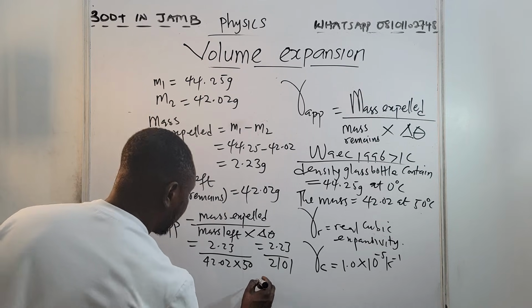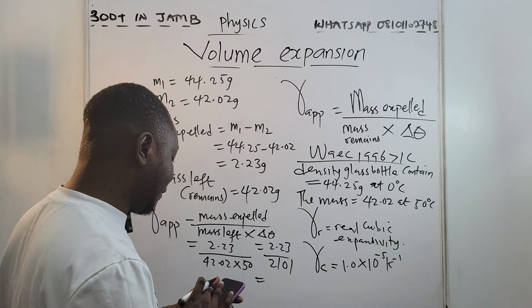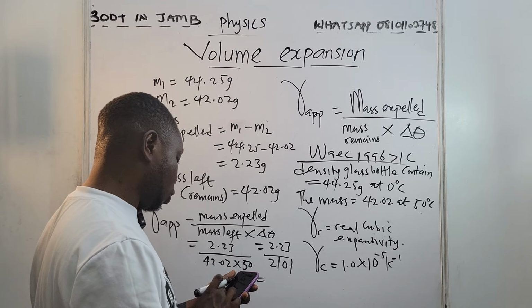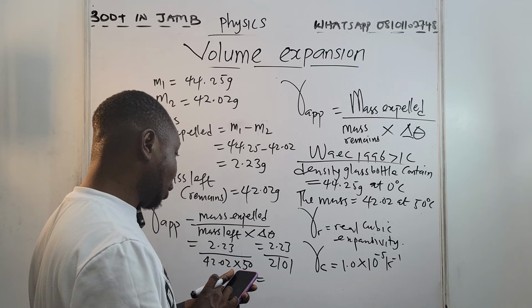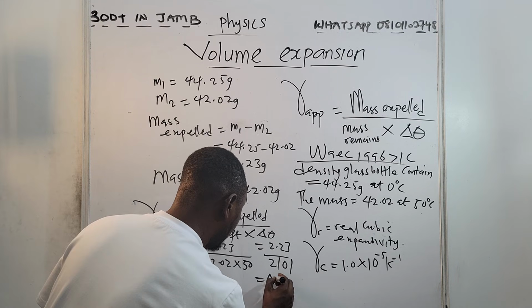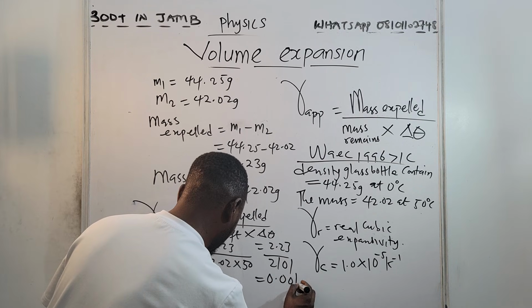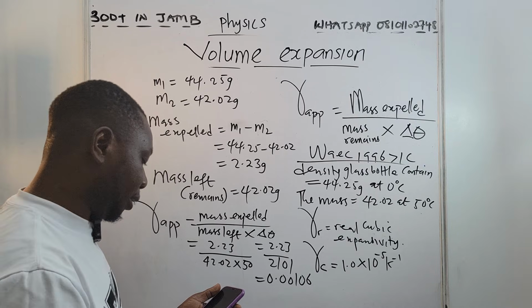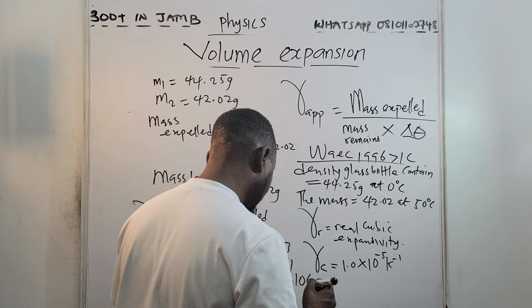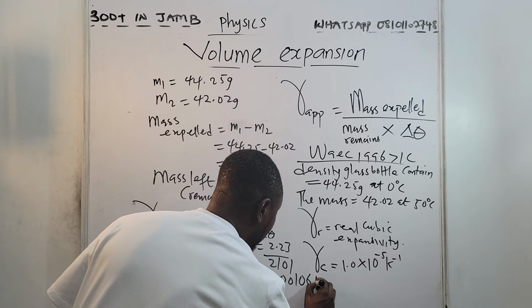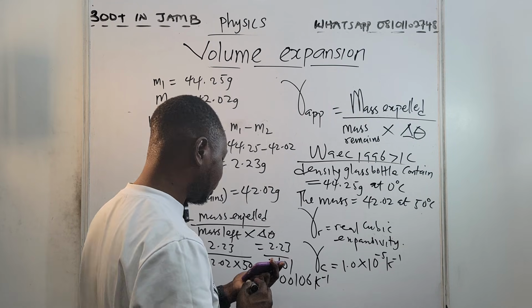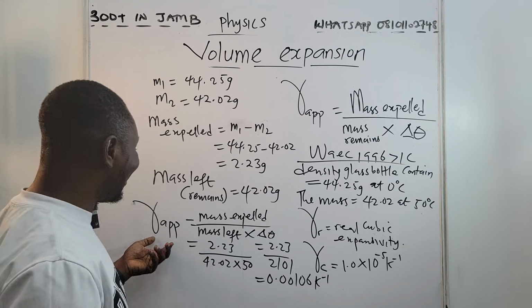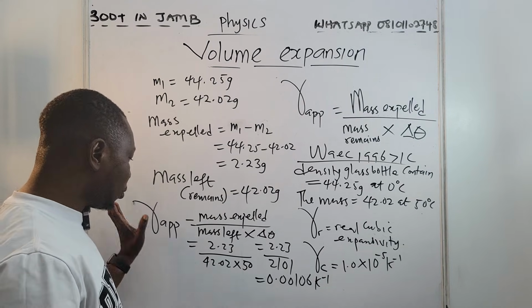So if we divide 2.23 by 2101, that's about 0.00106 Kelvin inverse. Now, this is the apparent expansivity. This is what you observe.